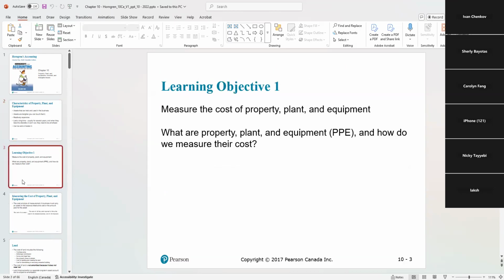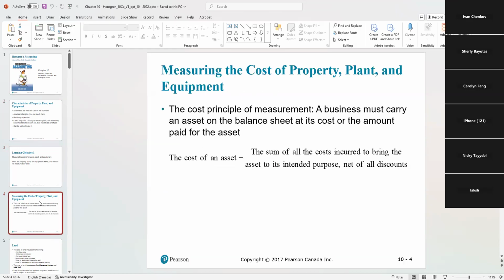So let's go over the objectives first: how we're going to measure that cost and what exactly we have to include in property, plant, and equipment. Again, this is a long-term asset. What does long-term asset mean? It's held by the company for a long period of time, more than 1 year or the current operating cycle of the company.